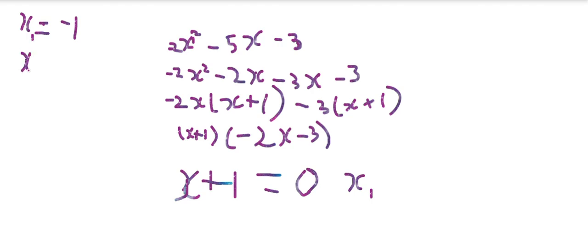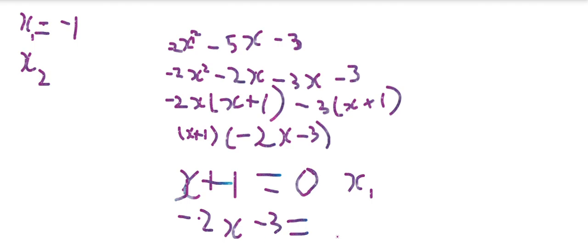And x2: it means minus 2x minus 3 is equal to 0.